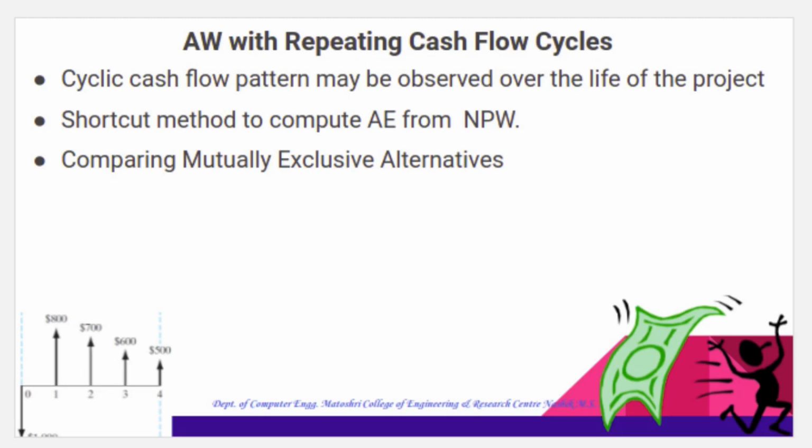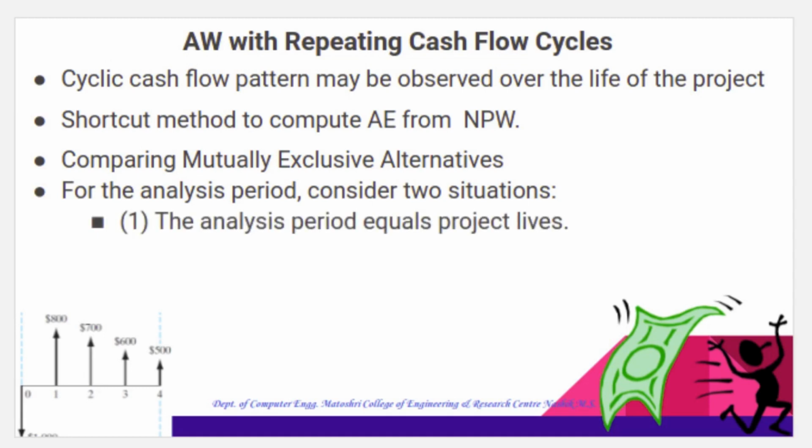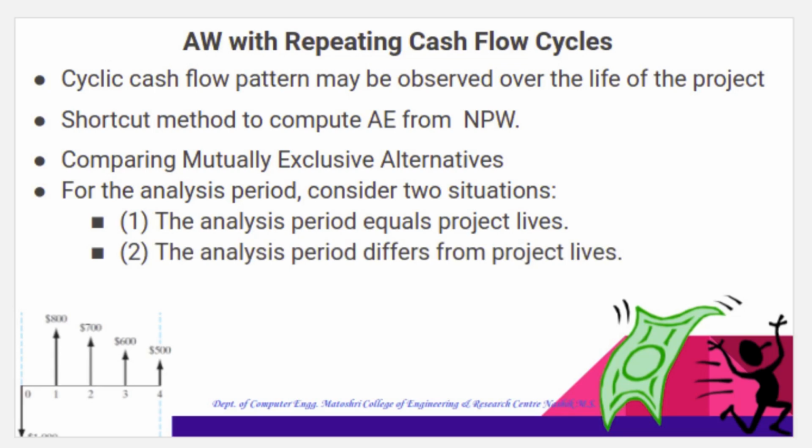The same general principle should be applied in comparing mutually exclusive alternatives on the basis of annual equivalent worth, that is mutually exclusive alternatives in equal time spans need to be compared. For this reason, we analyze the equal time period with two situations: the analysis period equal to project lives, and the analysis period different from project lives.